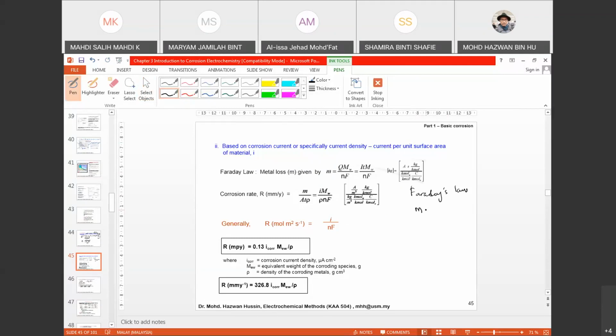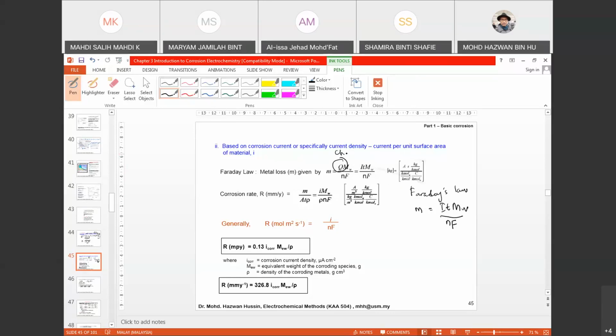Metal loss M is equal to I T MW over N F. Because Faraday has told us that the mass loss is always related with charge.